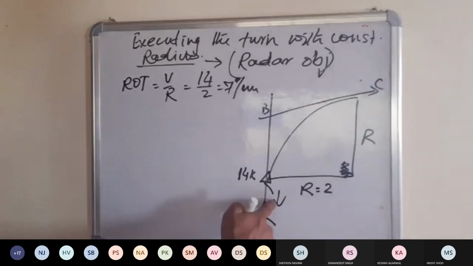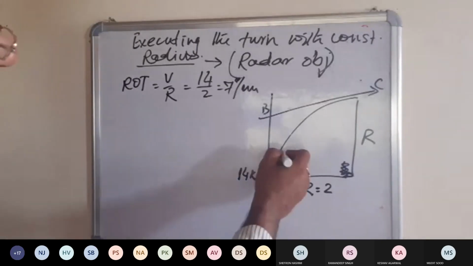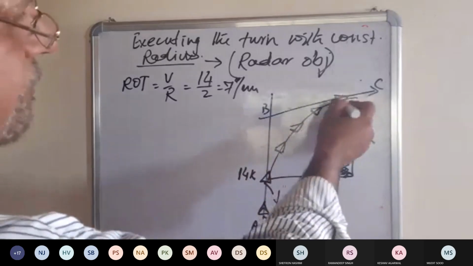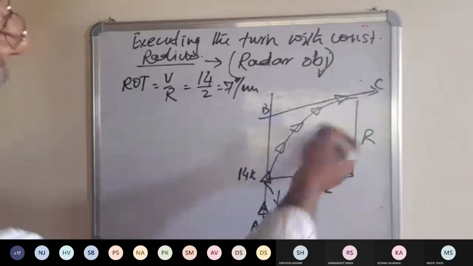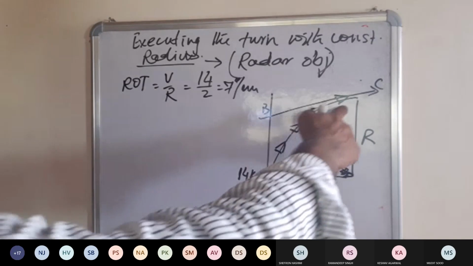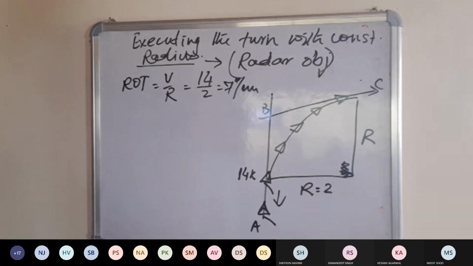If I keep the ROT at 7 degrees, the vessel is supposed to be going like this, because every minute it is turning 7 degrees, 7 degrees. So it is going to be like this.